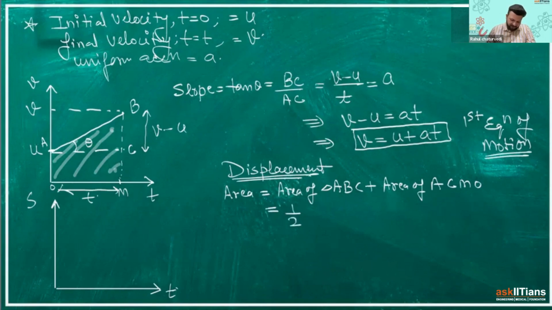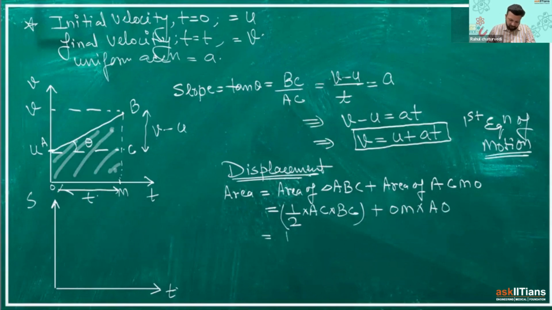Here the base is AC, into height BC, right? Plus the area of ACM, this is a rectangle, so this is nothing but L into B. Here L is OM into AO.